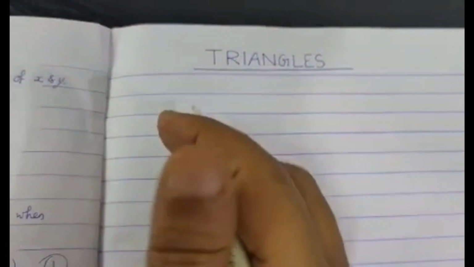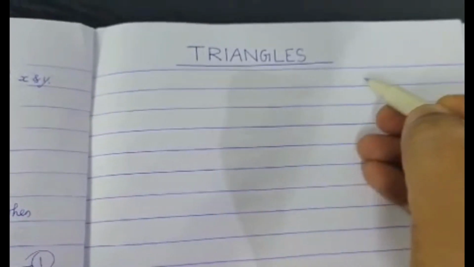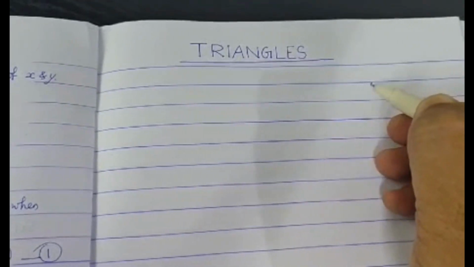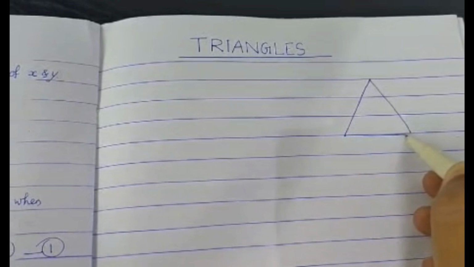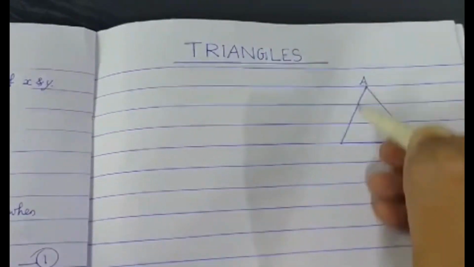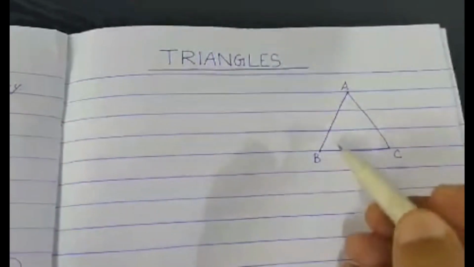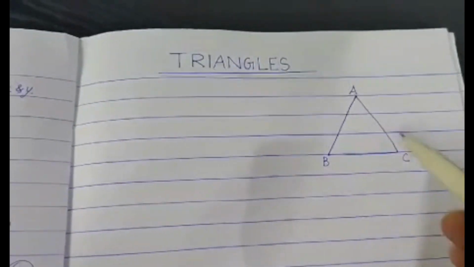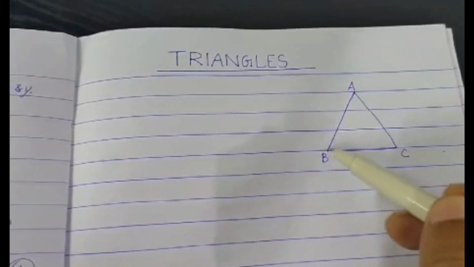So guys, let's start the new chapter, triangles. All right. So first of all, let us understand what is a triangle. What do we mean by a triangle? We all know that we draw a triangle like this. Let us name it A, B and C. So basically a triangle is a closed figure formed by three intersecting lines.